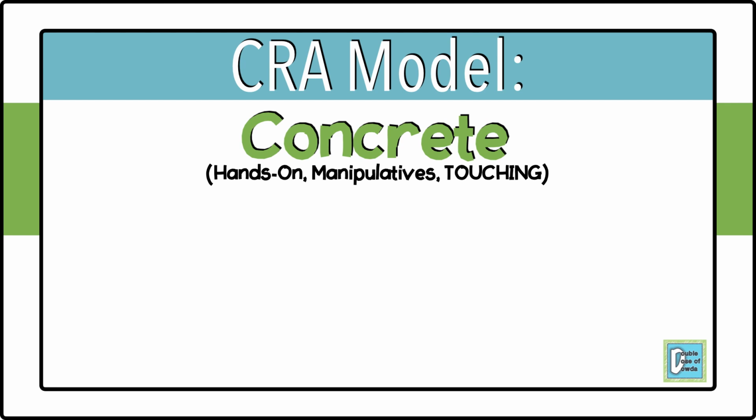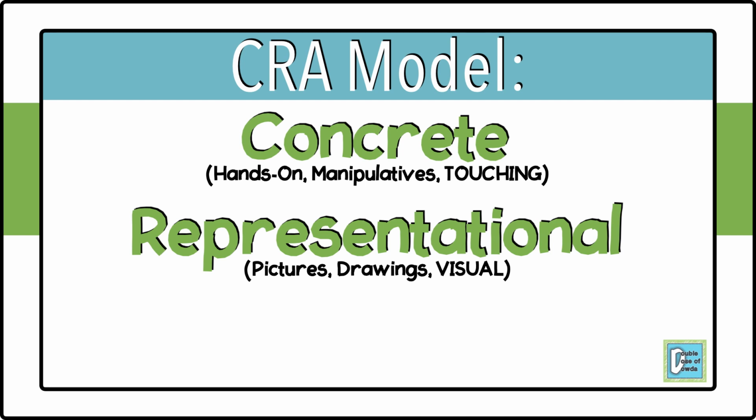They're going to be using manipulatives, touching them and just better understanding how it works. For representational, this is where they move to taking those hands-on experiences and representing them, perhaps through pictures or number lines. It's going to be a very visual model.